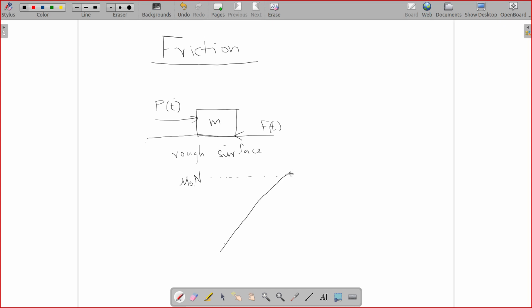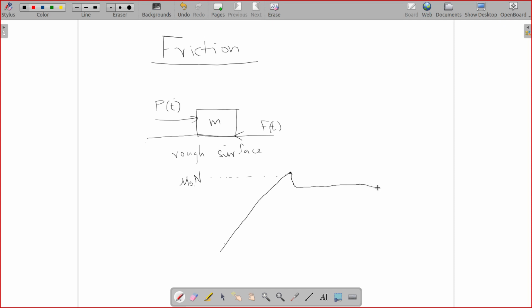Once it reaches the maximum value, the object starts moving. This point is called the point of impending motion. The motion starts from here. Once the motion starts, it's easier for you to push the object, and the frictional force value comes down quickly and then reaches a smaller value, which will remain almost the same.